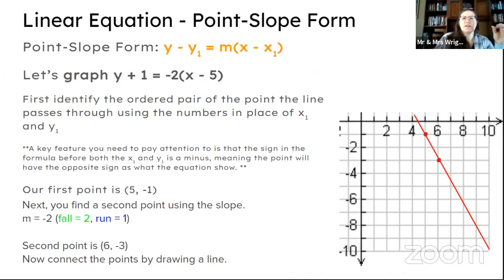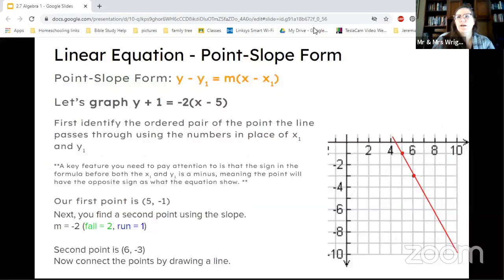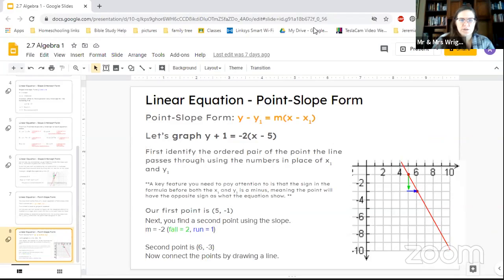All right, so the last thing I want to go over here that I did not include in my PowerPoint, let me pull up my whiteboard. What if you have an equation that's not written out in either of these forms?